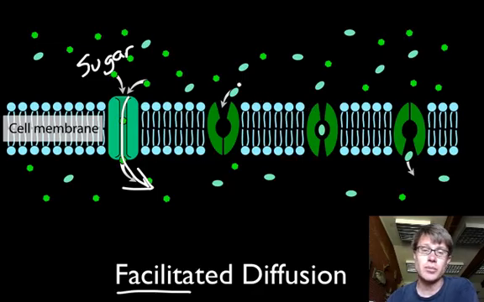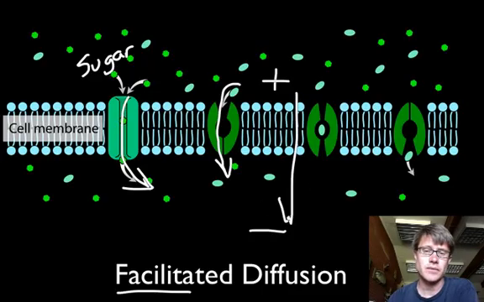Conformation is the shape of the protein. It's still moving along its gradient. In other words, if you look up here, we have a greater concentration of this molecule up here. It's still moving along its gradient, in other words, from a high concentration to a low concentration. But since it's requiring a protein to do that, we call that facilitated diffusion.